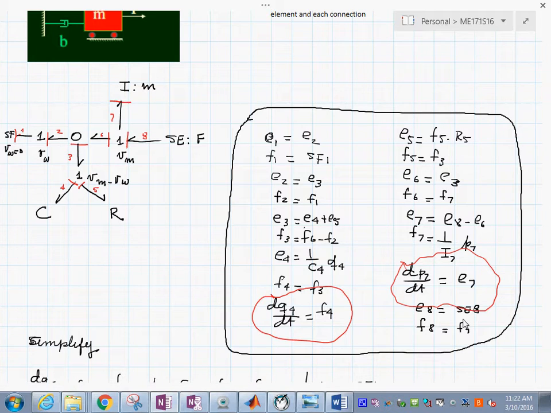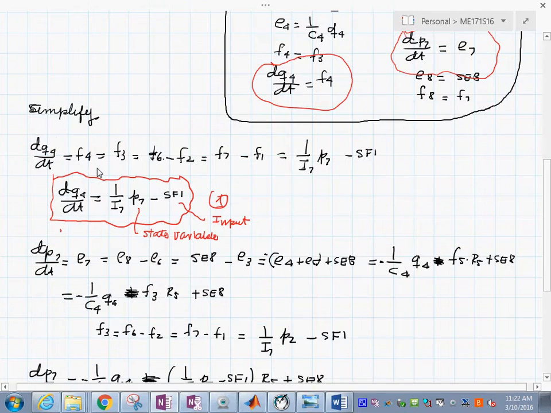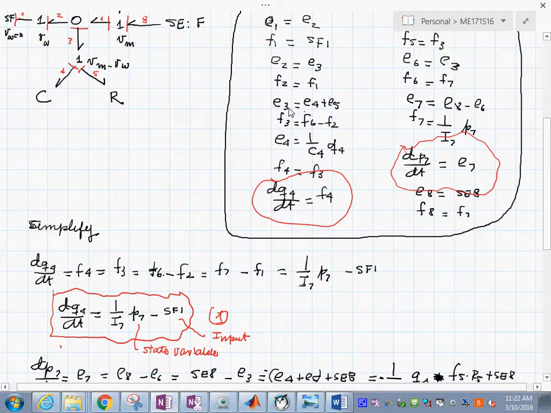So we said we're going to simplify this, although this is perfectly okay for computer simulation. In fact, CAMG and MATLAB have no problem doing this, and these equations are better if you have nonlinear systems, because you can basically modify any of them.